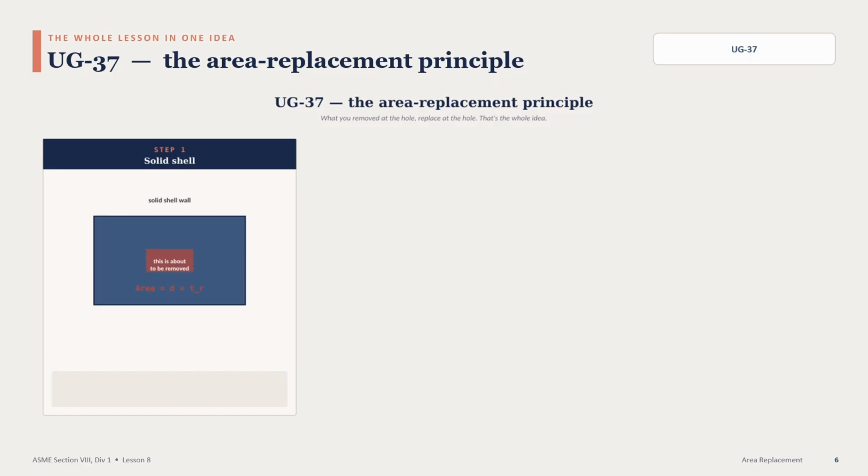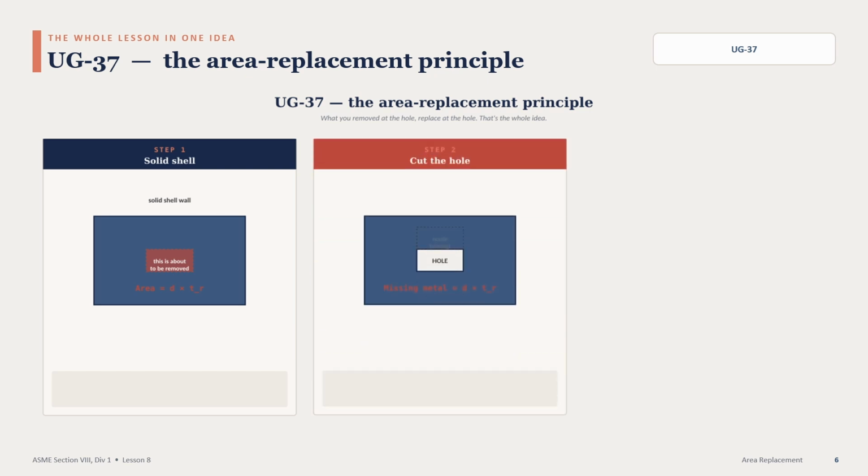That's the metal that's about to be removed. Right now, it's still there, carrying its share of the pressure load. It's carrying an amount proportional to its cross sectional area, which is d times T sub r.